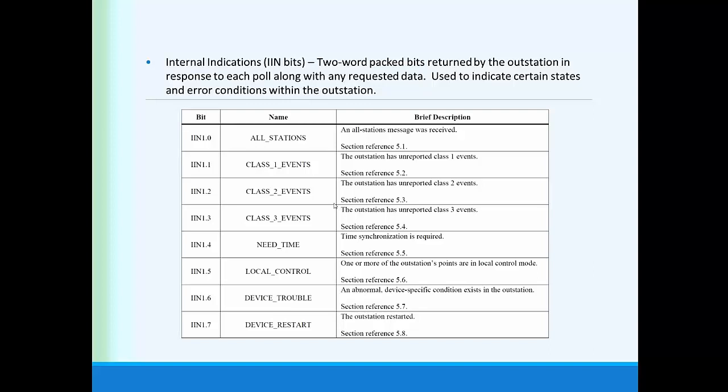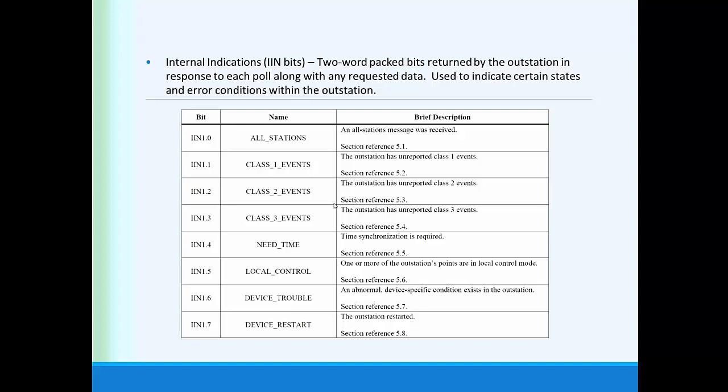You see it here, IIN 1.4. So if a billing meter out in a substation is relying on the RTU for time sync, it may have a function built into it that every 15 minutes or every hour sets the IIN 4 bit, and when the master station polls it and receives the response telling it whatever the answer to its question is, it will recognize that the IIN 4 bit is set.